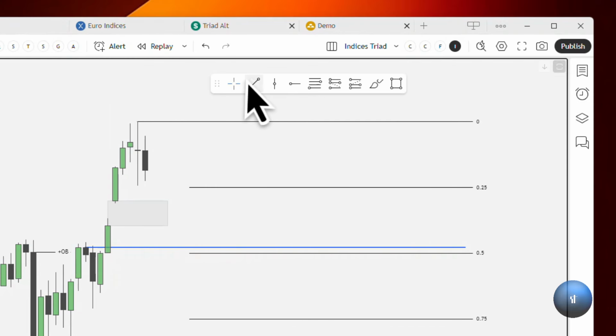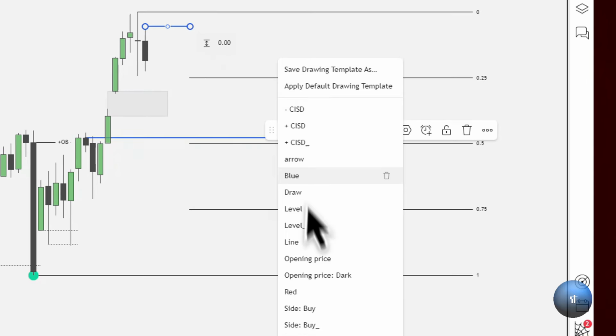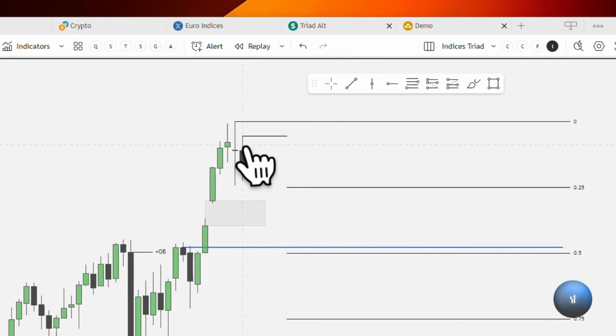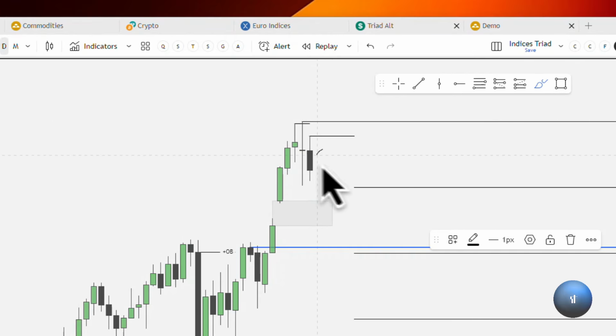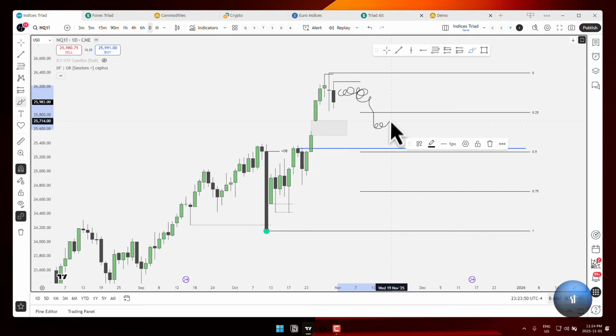So we can look at it in a way that if price fails to trade back above these highs formed by this daily candle's high and this daily candle's high, meaning if price stays under these levels and we trade down into this level, I'm not really looking to see a meaningful reversal from here.